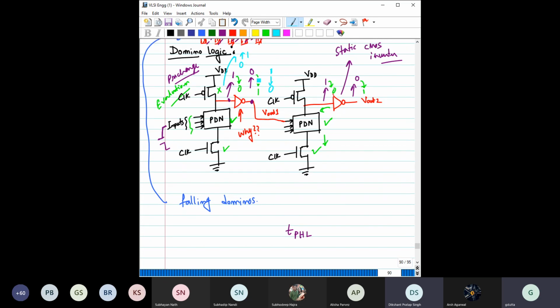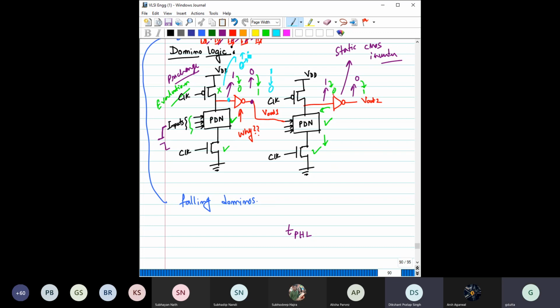This output goes from 0 to 1 during precharge, right? So that delay is associated with the precharge phase. Think about it: during the evaluation phase, can you make this node voltage change from 0 to 1?